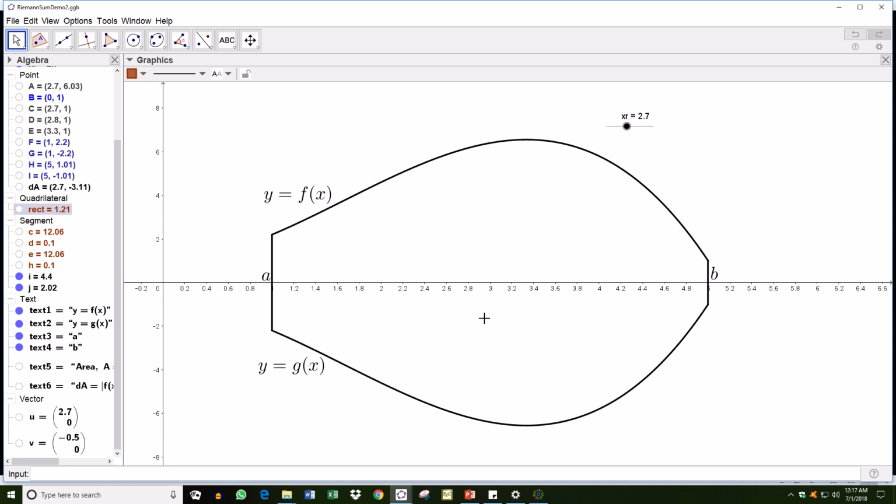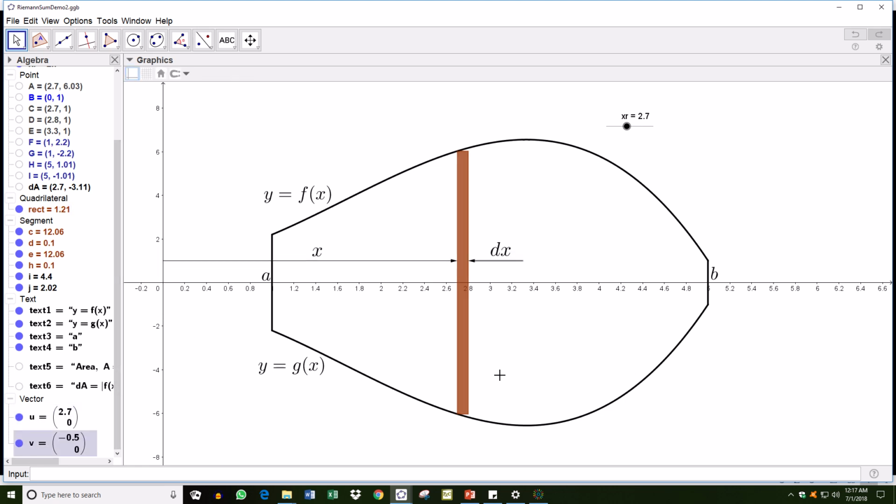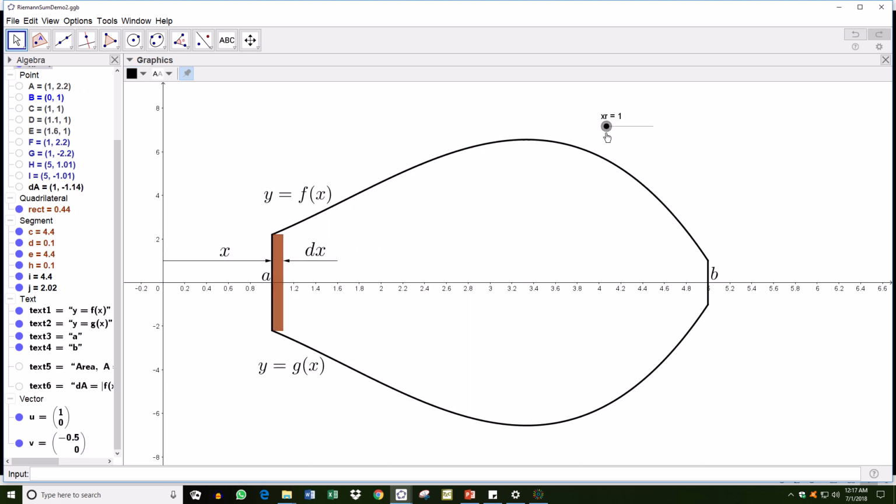But this is a slightly different way of looking at Riemann sum as well. Instead of splitting this into an infinite number of rectangles, we'll take this approach. Suppose we were to construct a representative rectangle like this, a vertical rectangle, and we put this at a location x from the origin, and the width of the rectangle is dx. Then we could move this rectangle.